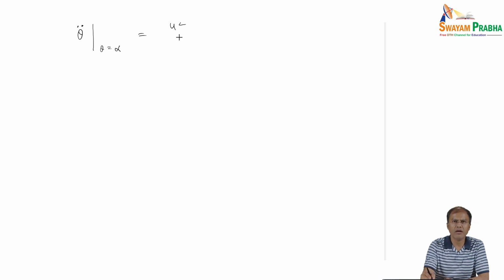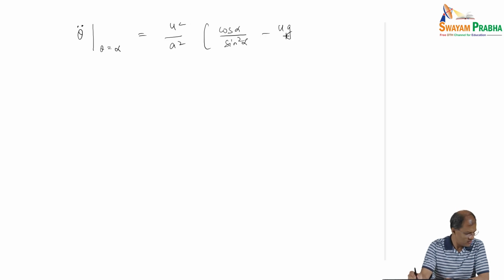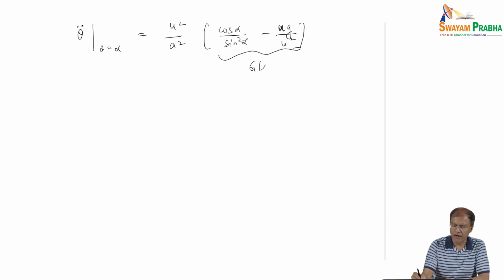So let us now evaluate theta double dot at the value theta equal to alpha. After doing all the algebra, this comes out to be u square by a square times cos alpha by sine square alpha minus ag by u square, and this is nothing but g of alpha.